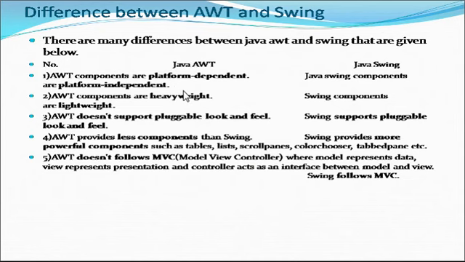AWT does not support pluggable look and feel, but Swing supports pluggable look and feel. AWT provides fewer components than Swing, but Swing provides more powerful components such as tables, lists, and scroll panes.